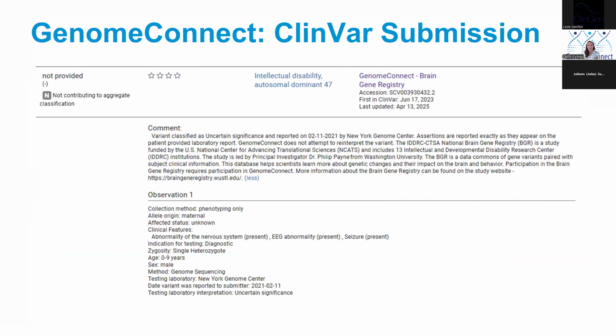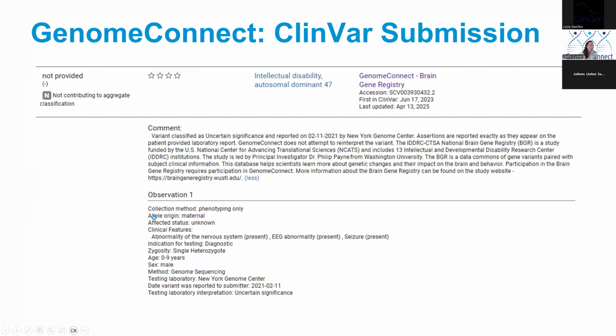If I expand the GenomeConnect submission, you can see that we do provide some additional clinical information that can be helpful. We can provide information on at what age the individual was tested, and whether that individual has any clinical features. Sometimes we can provide a little bit of inheritance information.